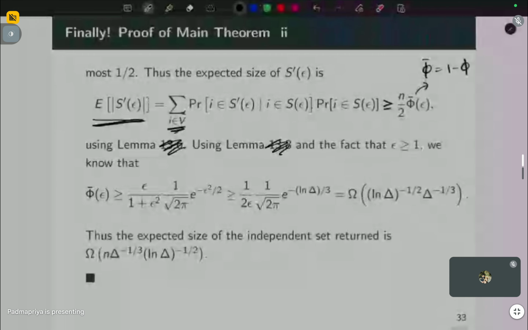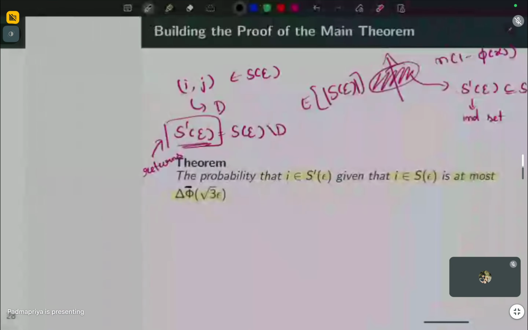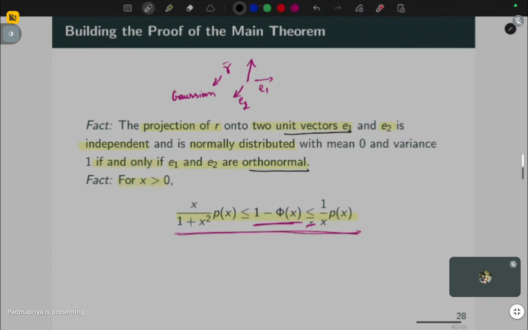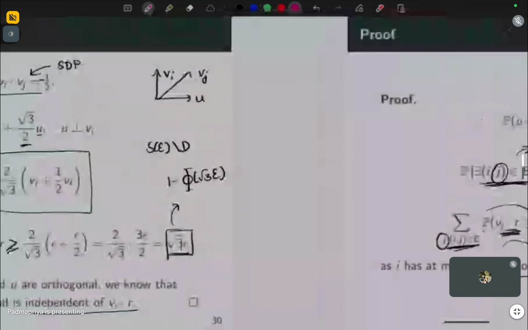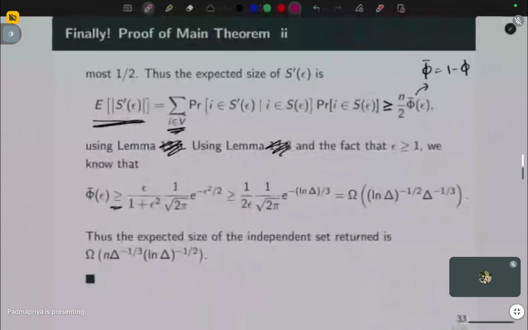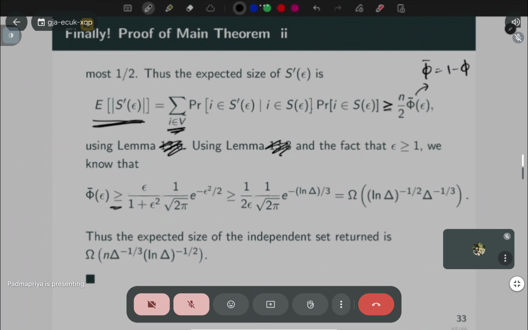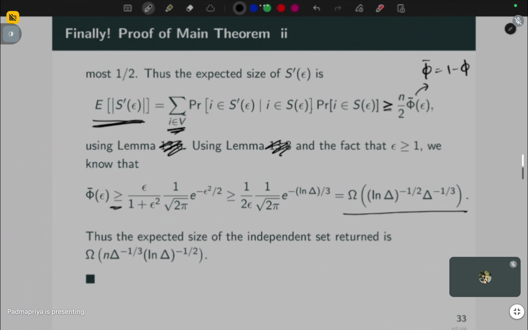Here we are using the other way inequality. So we use the upper inequality, this one. By using this fact and plugging in your epsilon value, you nicely arrive at this number.